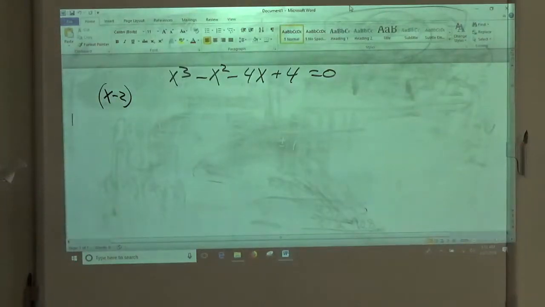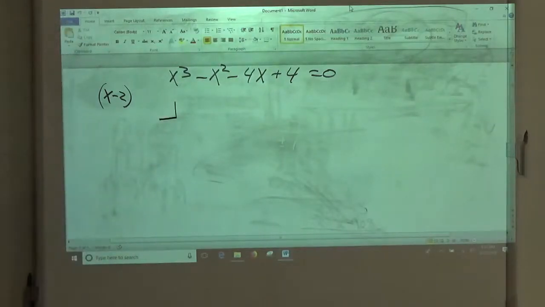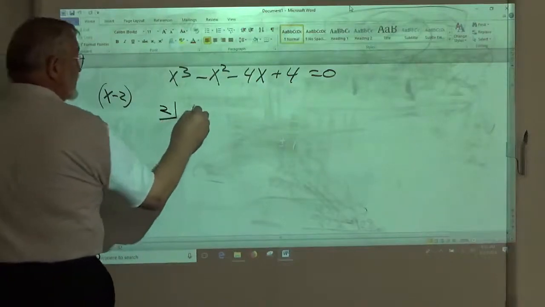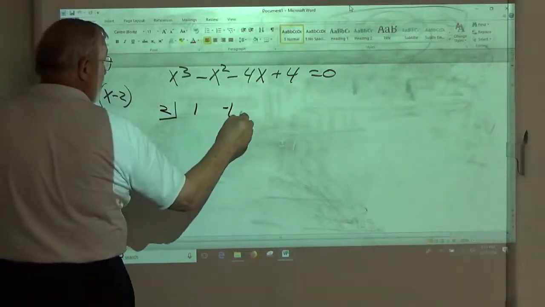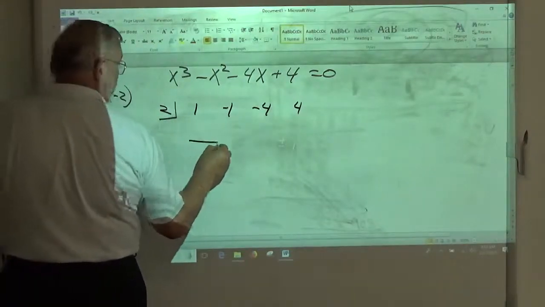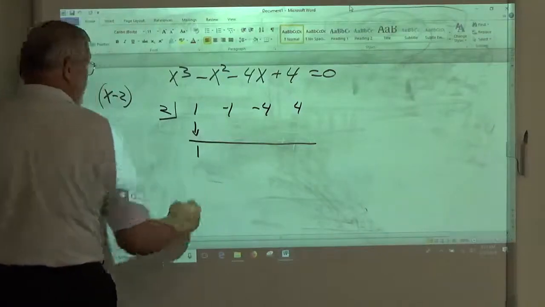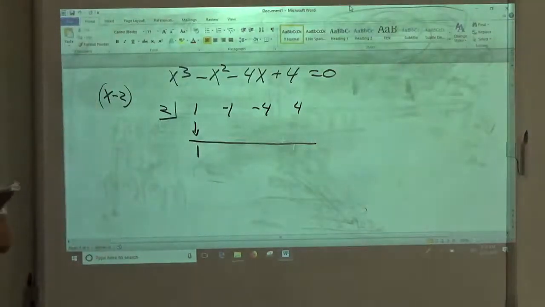Now, what is the divisor that I'm going to use if my binomial is x minus 2? What value will make that binomial into a 0? It'll be a 2. And this is 1, negative 1, negative 4, and 4. So there's the start of your synthetic division.